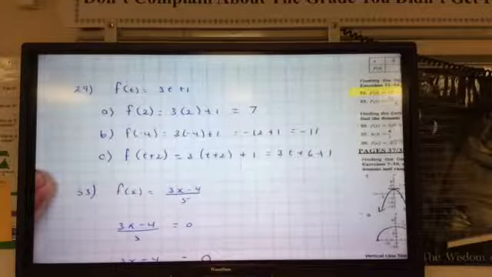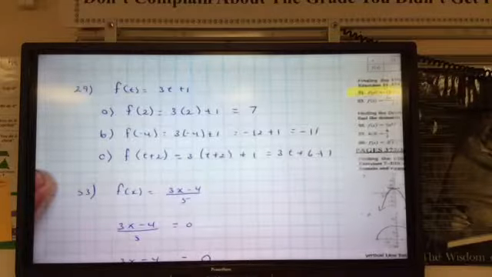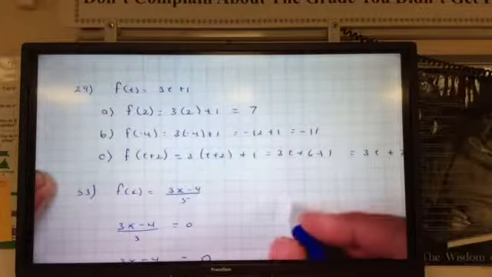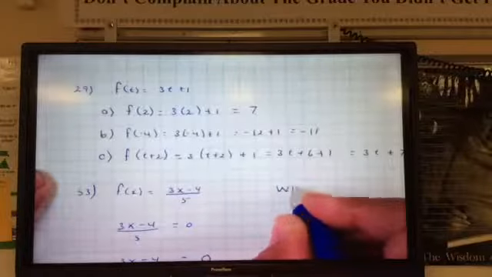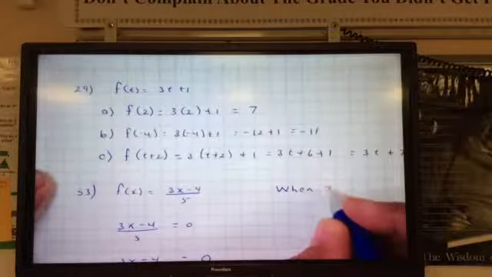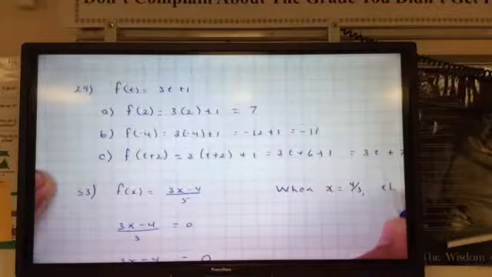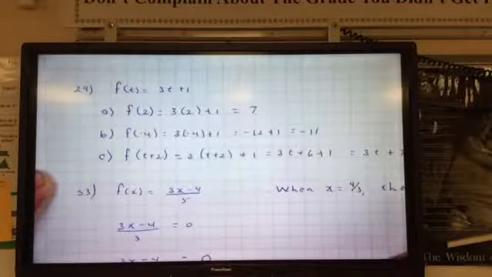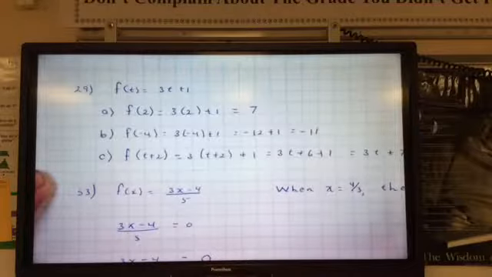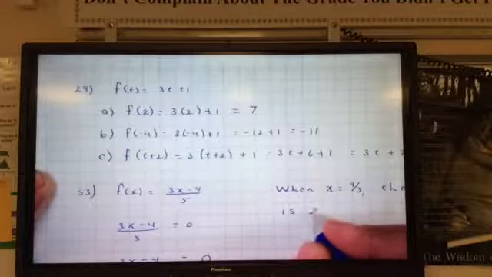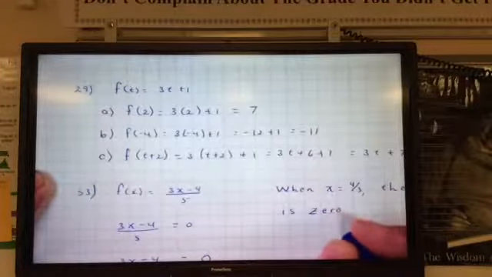Divide by 3, and I see that x equals 4/3. So to answer the question, I can write when x equals 4/3, the output is 0. Okay?